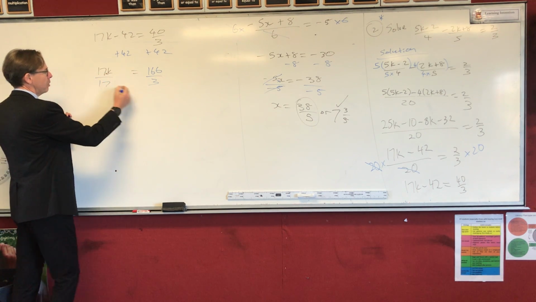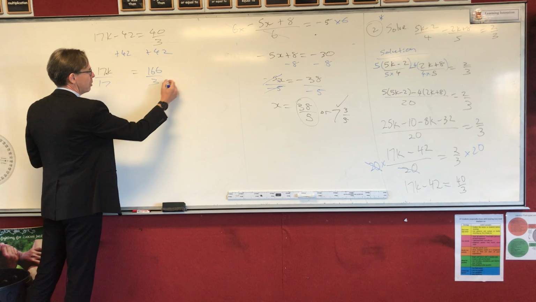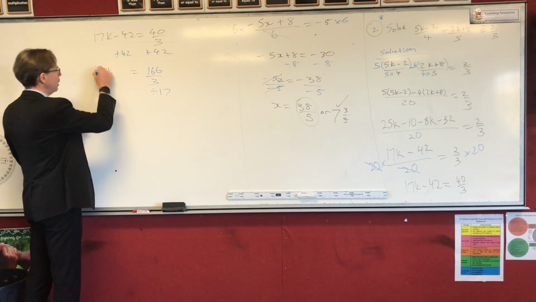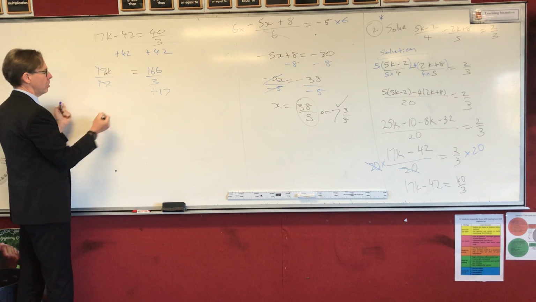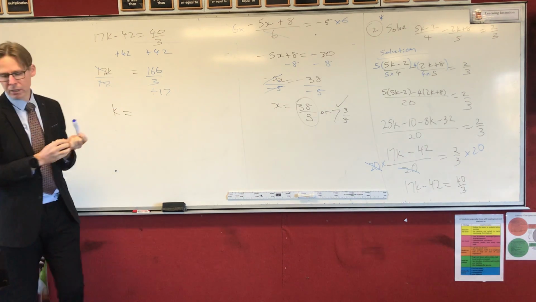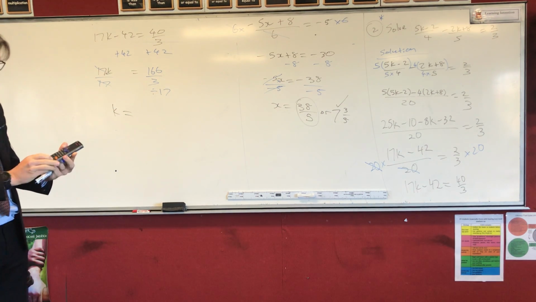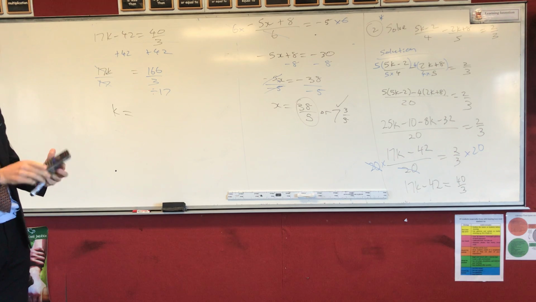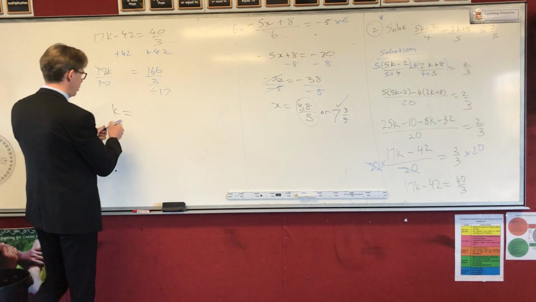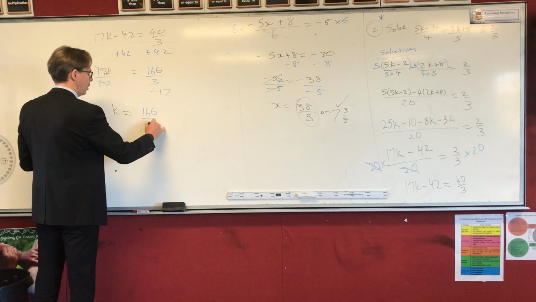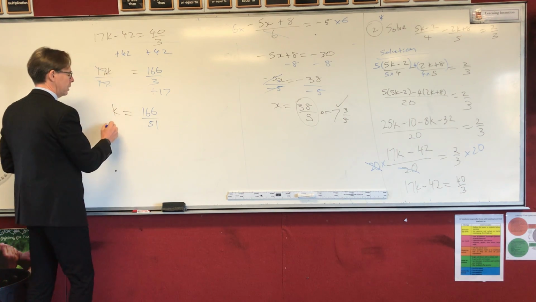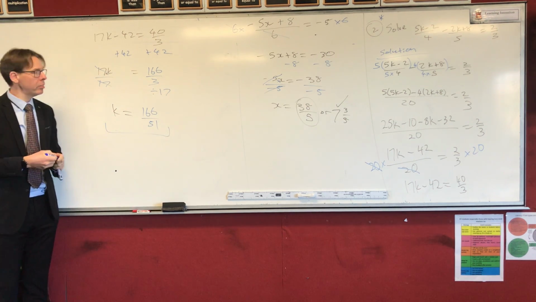So divide by 17, divide by 17. Okay, that cancels. So on your calculator now, divide that by 17, and you'll get 166 on 51. Okay, not all of your answers will be whole numbers.